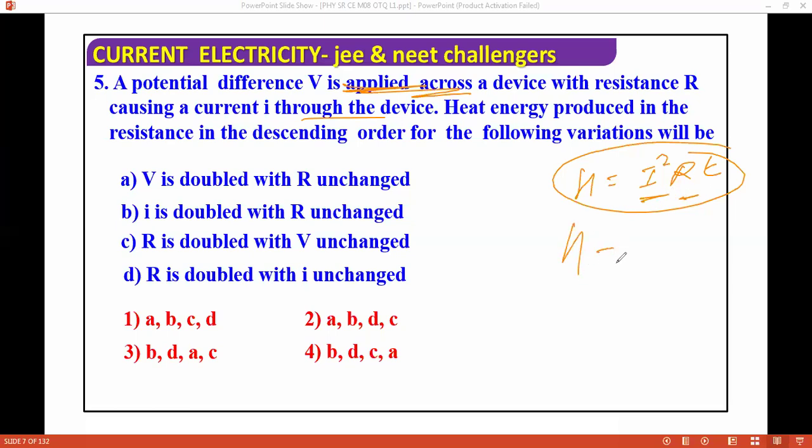If you want to use potential, use the relation V squared by R into T. This relation gives the heating effect. Apply these one by one and check in decreasing order. The answer key will be A, B, D and C. Now you can solve these questions easily one by one.